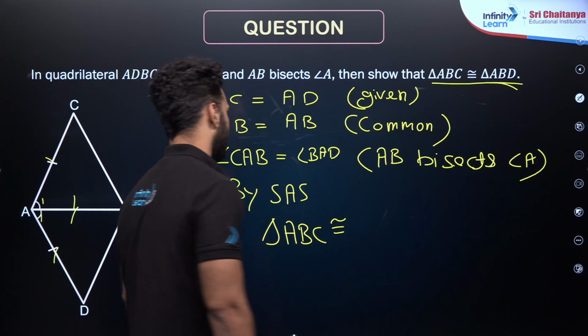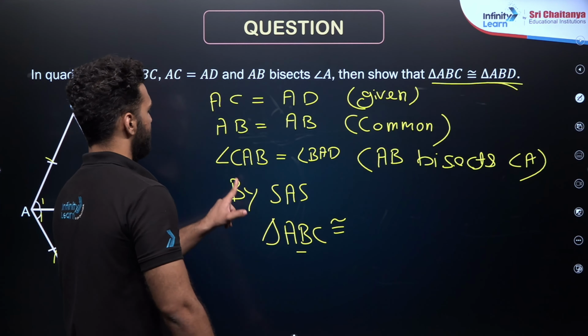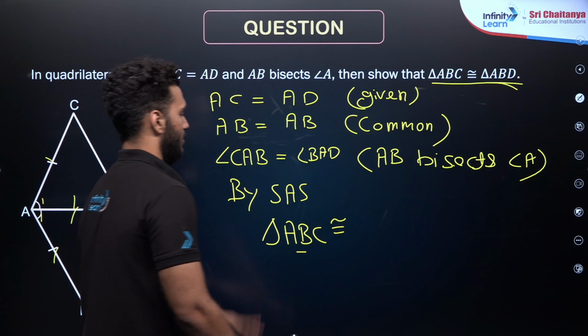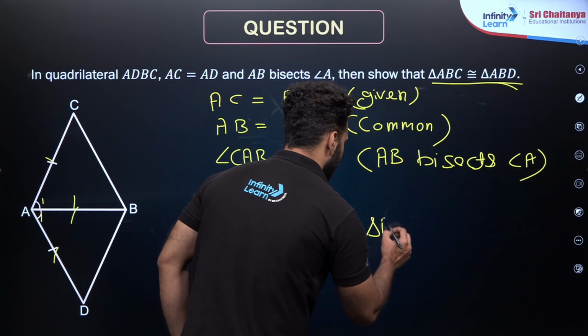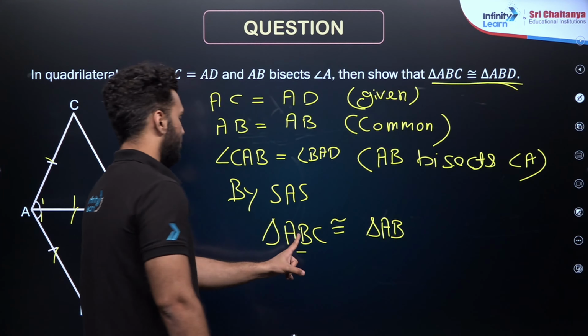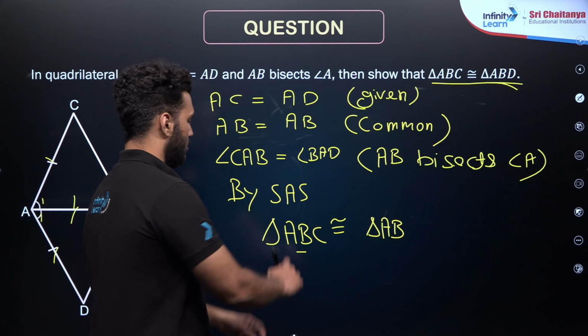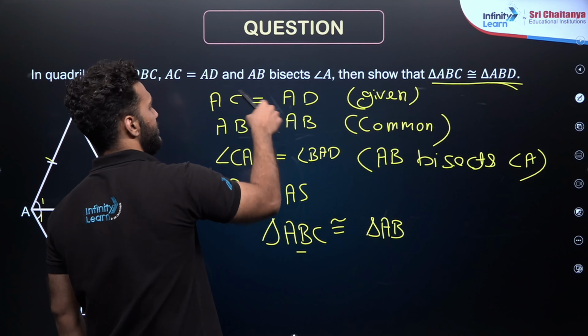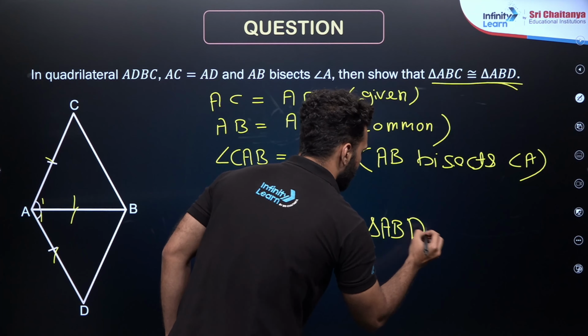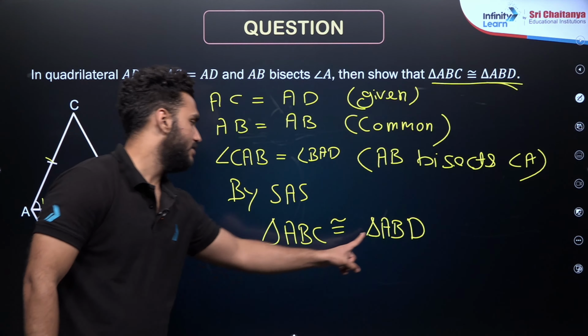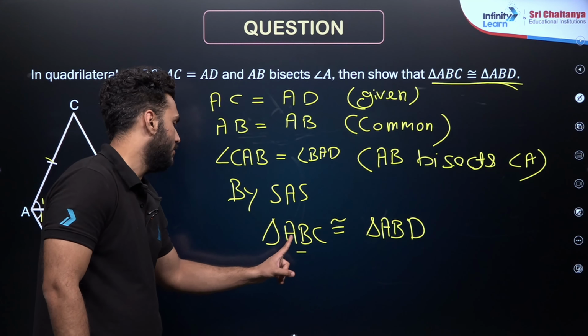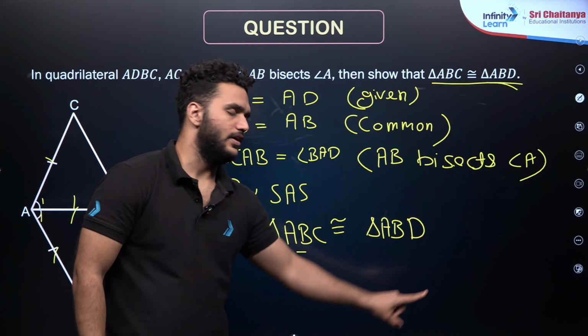Be careful for the second. AB is equal to what? AB is equal to AB, then you have to take AB here. Then BC is equal to what? Sir, we haven't proved BC. Okay, AC is equal to AD. So we have to take AD.